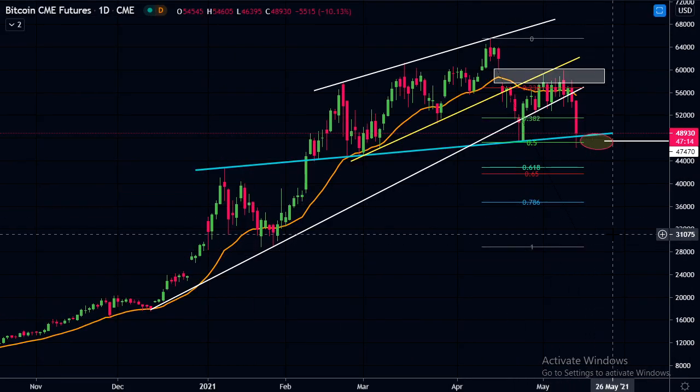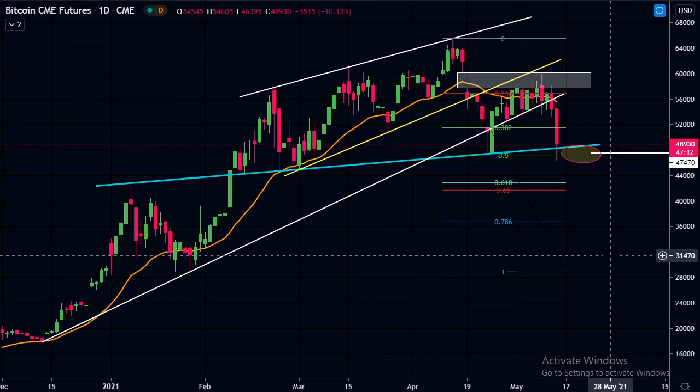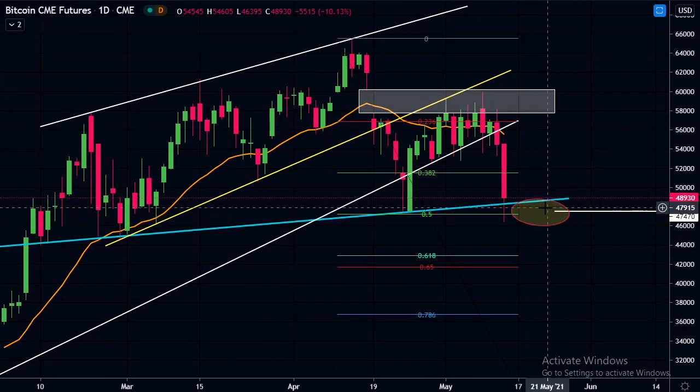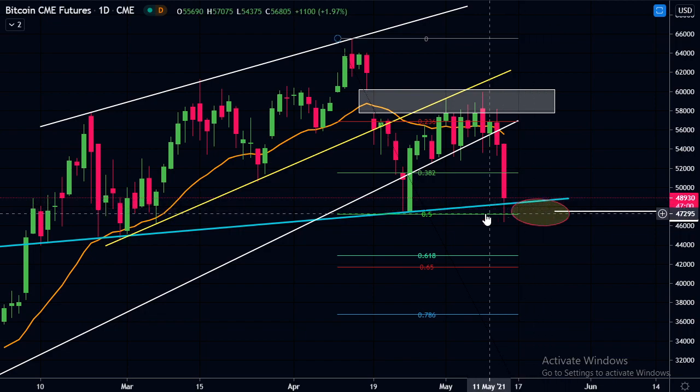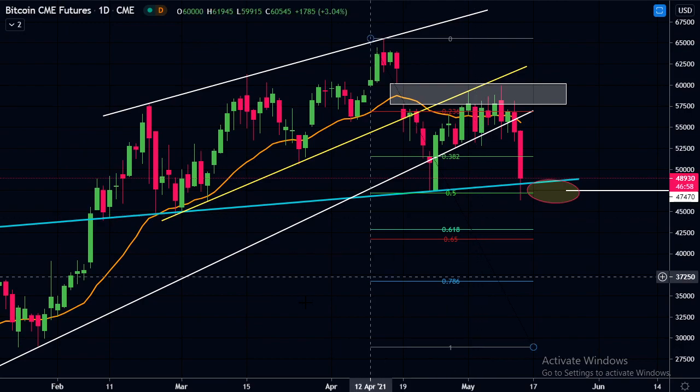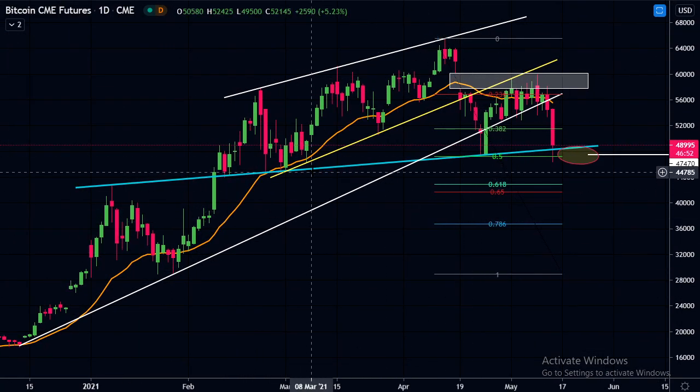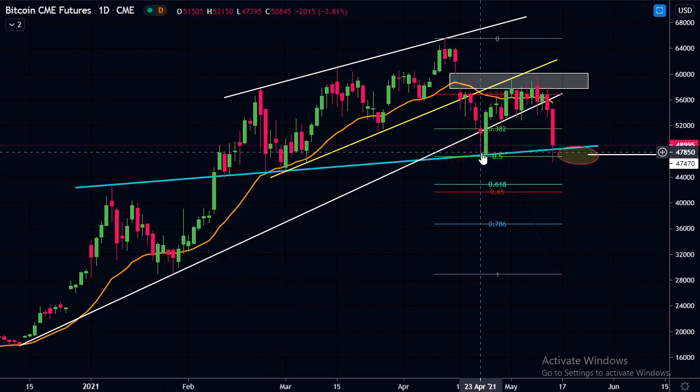And on the CME Bitcoin futures chart here, we can see we drew this circle here in yesterday's video, and we said there's some points of confluence here. We did have this 0.5 fib level, just drawing it from the bottom here to the top, and we also had this blue trend line here connecting the top and the bottom here, and also the bottom there.